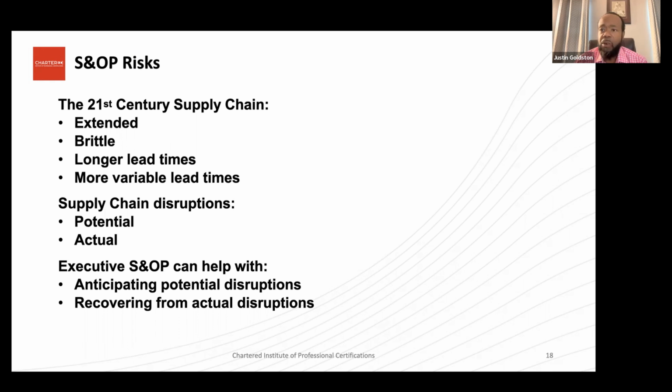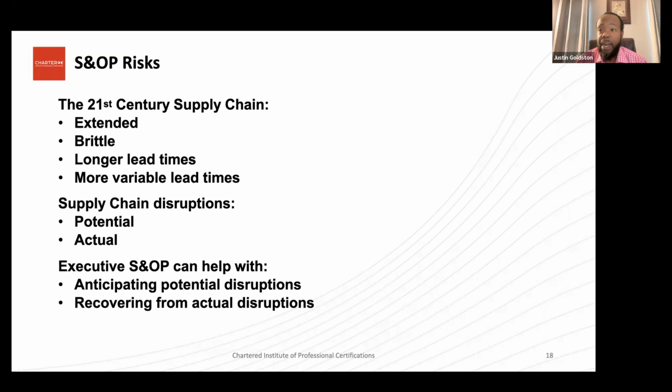We've seen longer lead times. We see longer lead times in all industries right now. That's one thing we've experienced, and S&OP is one thing that can assist with that. And then we have variable lead times, because in some industries, in some countries, some organizations will actually pay to get to the front of the line.